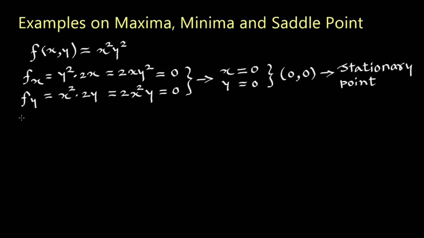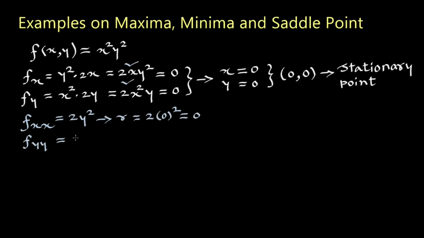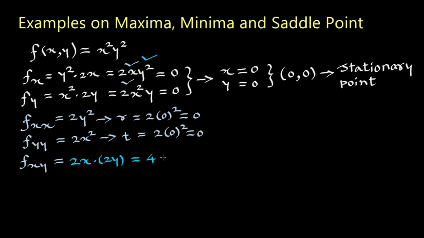Next we find fxx, which from here will be 2y square, so r will be 2 into 0 square, 0. fyy from here will be 2x square, so t will be 2 into 0 square, 0, and fxy will be again from here 2x into 2y, 4xy, and s at the stationary point will be 4 into 0, 0.